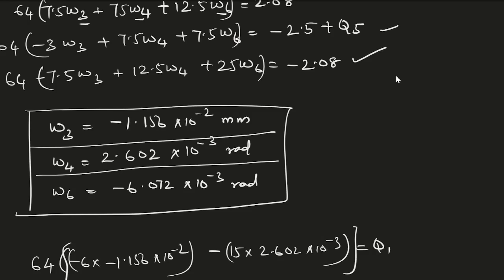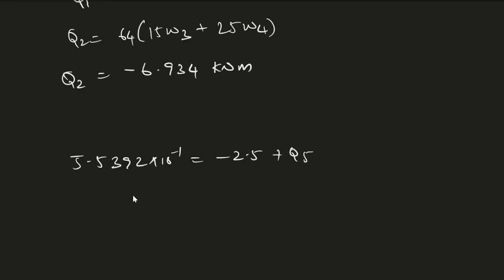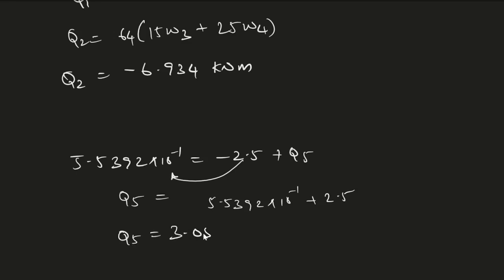So we got the value as 5.5392 into 10 power minus 1, equal to minus 2.5 plus Q5. We need to find Q5, so we take this to the other side: 5.53921 into 10 power minus 1 plus 2.5. This gives me Q5 equal to 3.054. This is an odd number, that is shear force, in kilonewton.